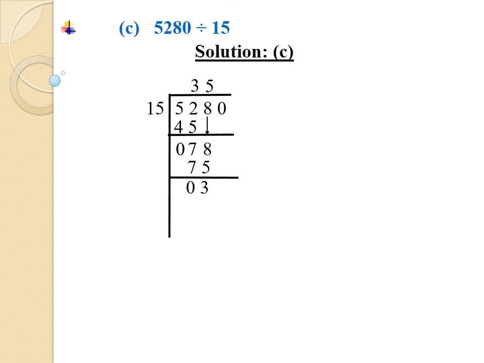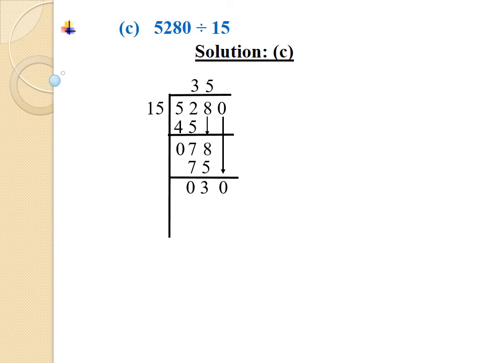Students, we know that 3 is 3 and 3 is not divisible by 15. So we have to bring down the next digit 0 and we have to write 0 after 3. Thus writing 0 after 3, the number becomes 30.